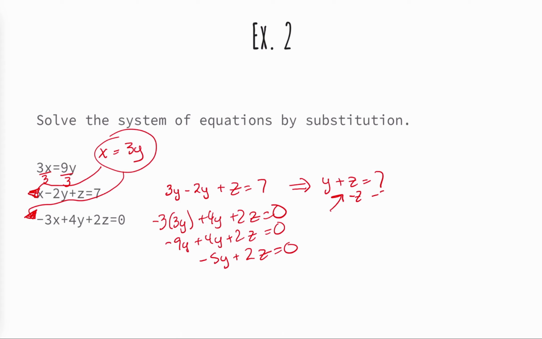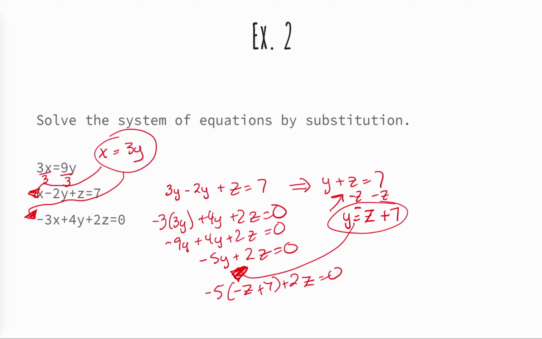I'll subtract z from both sides and make this y equals negative z plus 7. And then plug that in here to solve for z. So negative 5 times negative z plus 7 plus 2z equals 0.